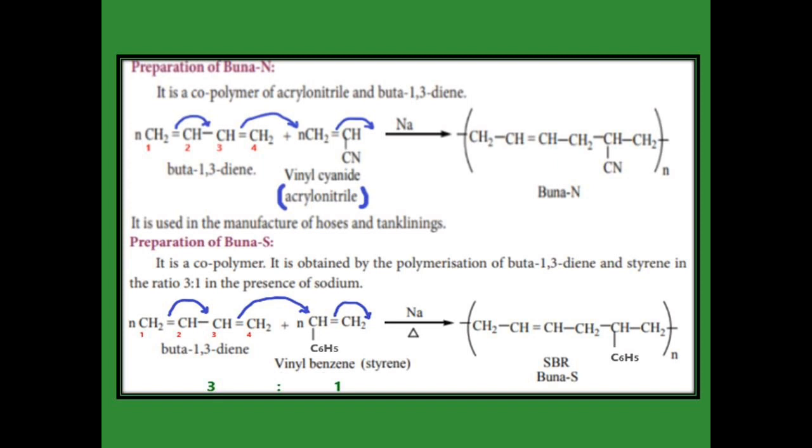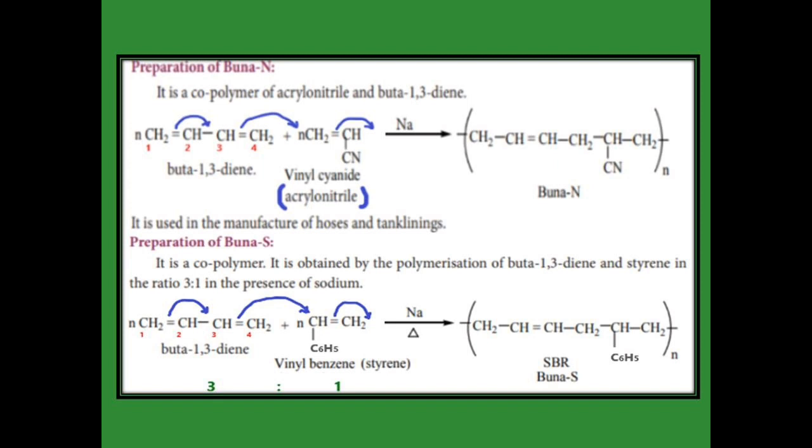The vinyl cyanide also contains a double bond. The double bond goes outside, so outside we have one single bond. This unit repeated n times, we get Buna N rubber. This Buna N rubber is used to produce hoses and tank linings.